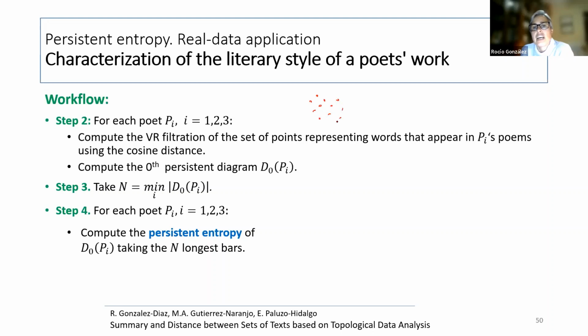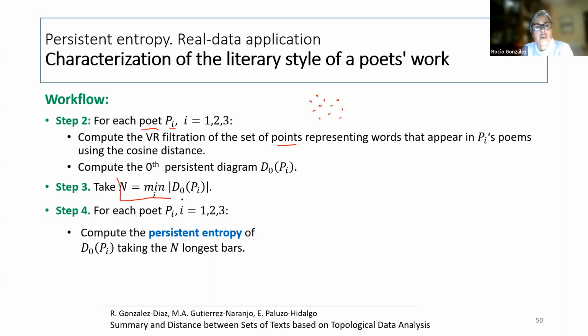In this point cloud, we have words of all the points considered from the 3 poets, and then for each of the poets, we extract only the points that appear in the poems of this concrete poet, and we compute the Vietoris-Rips filtration. From the filtration, again, we compute the persistence diagram, and we do this for the 3 poets.